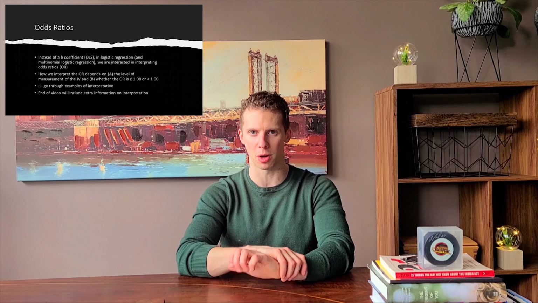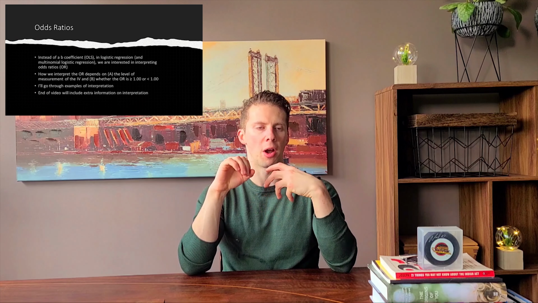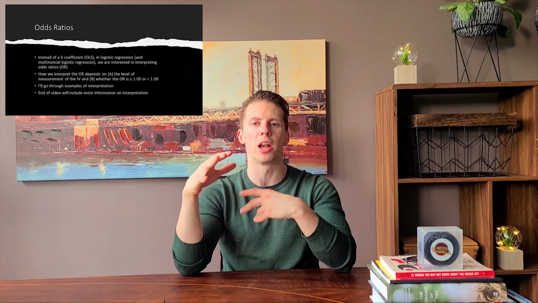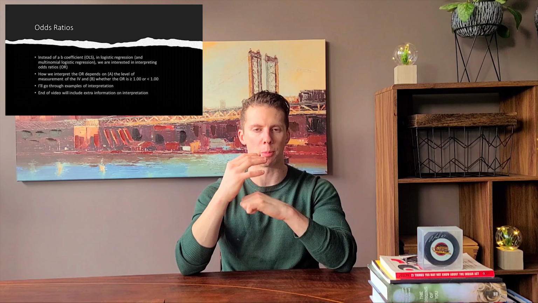But logistic regression has another coefficient that we can interpret, which is called an odds ratio. How we interpret an odds ratio depends on, first, the level of measurement of the independent variable, whether it's, for example, an interval level variable or a categorical variable, and then whether that odds ratio is greater than or equal to 1 or less than 1. And at the end of the video, I'll provide a little bit of extra information on interpretation and go through some extra examples if students are still having a difficult time with it.